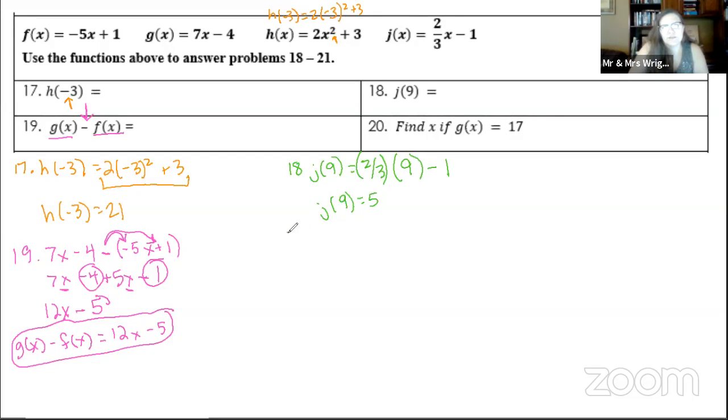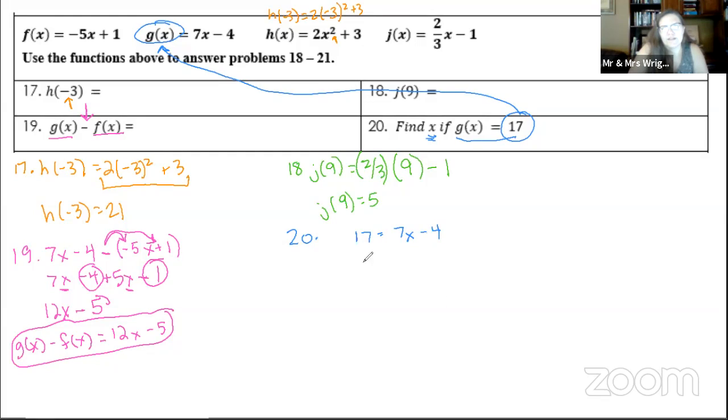Now, moving on to number 20. We're supposed to find x. What is x? If g of x is 17. So that means we need to place this 17 all the way where this g of x is, right here. So if g of x is 17, we're going to substitute that 17 where the g of x is and solve for x. Okay, so we're going to have 17 equals 7x minus 4.